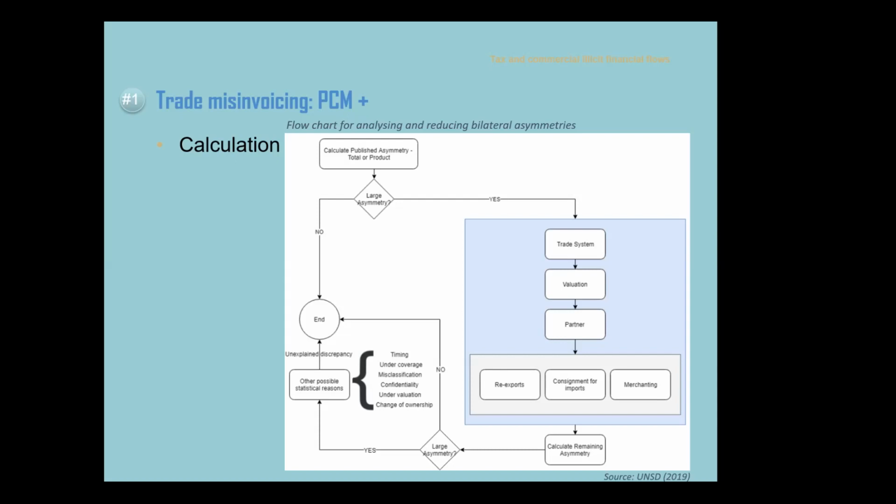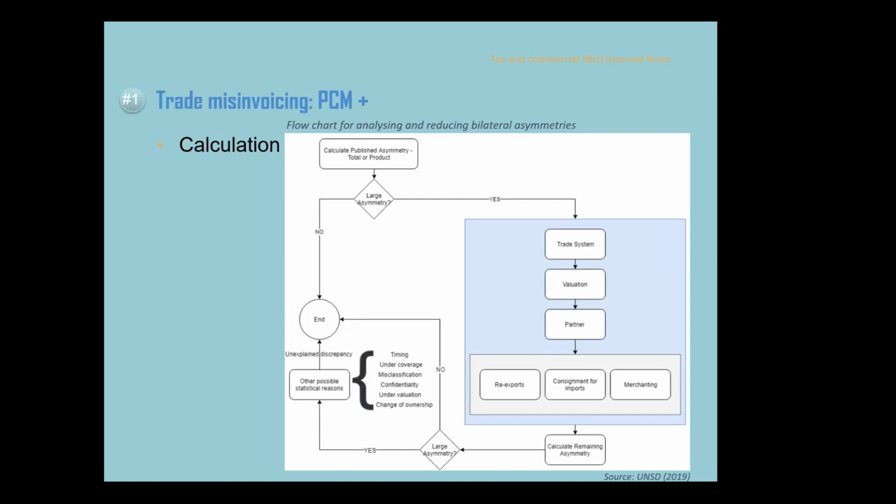Then check the partner country attributions, so make sure that you are addressing the questions of re-exports, consignments, sometimes also merchanting, and so on. And then check for other asymmetries: timing, under coverage, misclassification, and so on. And when you account for all of this, then you're left with the unexplained discrepancy, which could be attributed by assumption in this method and all the processes to illicit financial flows, so trade misinvoicing.